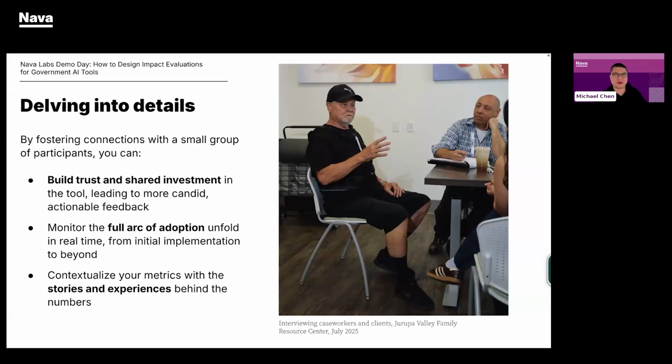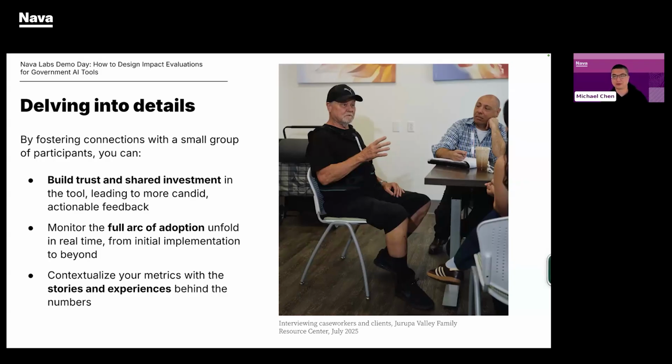I know many of us here in the room are probably practitioners, and so I think it's worth echoing that in these small pilots, oftentimes the most valuable thing is a chance to form deep collaborative relationships with caseworkers, right? And one of our earliest decisions was to take essentially a team field trip to visit caseworkers at Riverside County.